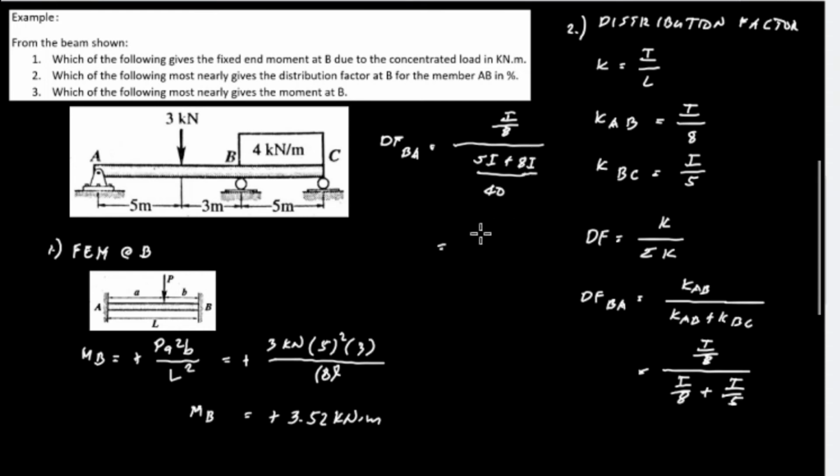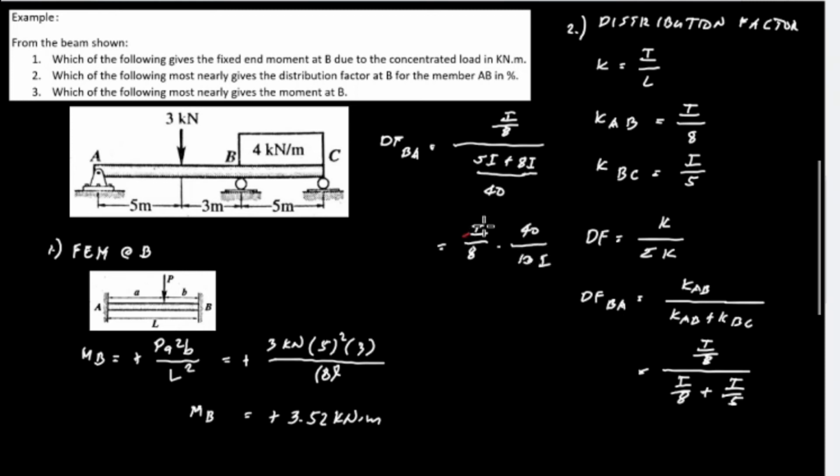So DFBA is I over 8, times the reciprocal of 5I plus 8I, or 13I over 40. This will be 40 all over 13I times 8.